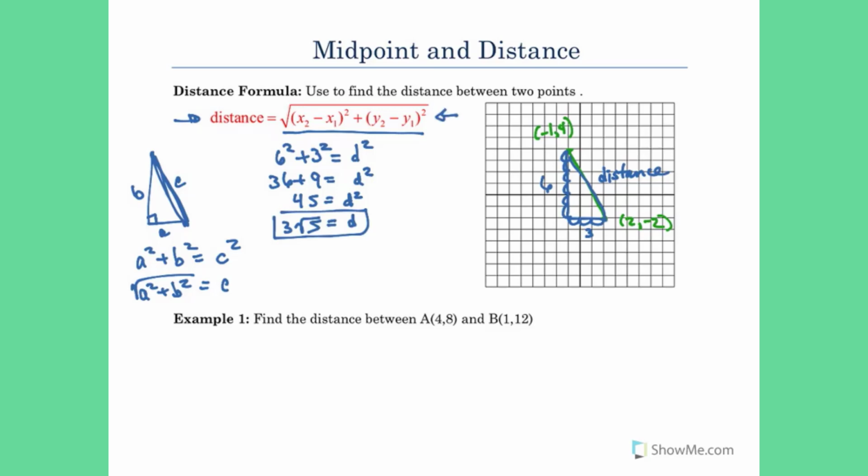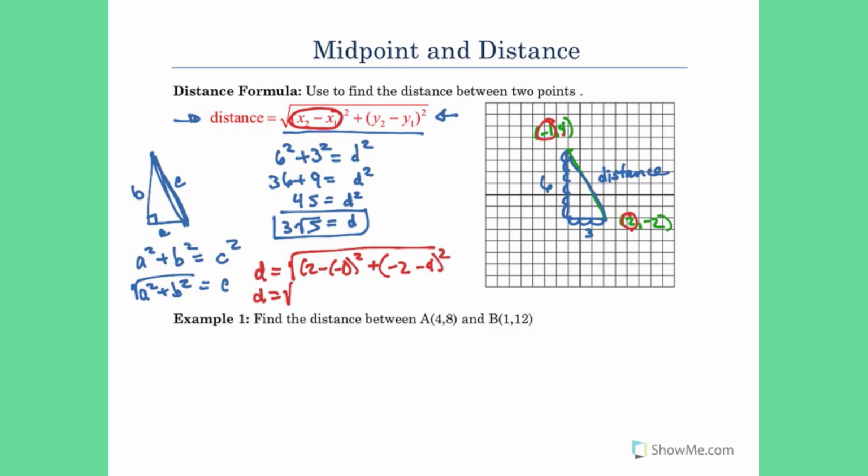Would I get that same answer using this distance formula? Yes, I would. So I'd have d equals the square root of the difference of the x values. So I have negative 1 and 2. And you can subtract in either order, just be consistent. So if I have 2 minus a negative 1 and squared, and then I have the difference of my y. Since I did 2 first, I'm going to do negative 2 first.